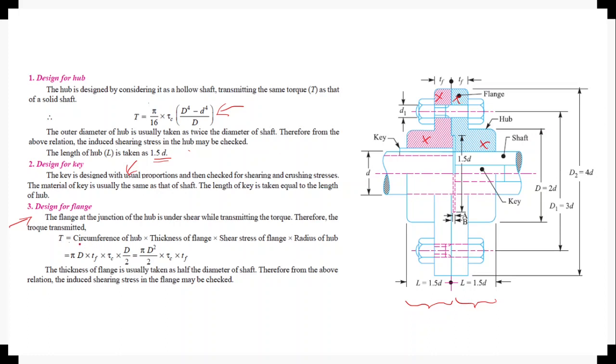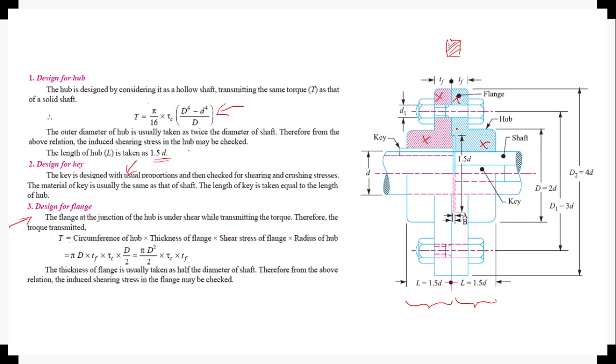Then the circumference of the hub into thickness of the flange. Circumference of the hub means a circle having diameter equal to capital D. Into thickness of the flange means this cross sectional area, with thickness equal to the thickness of the flange, into shear stress for the flange.